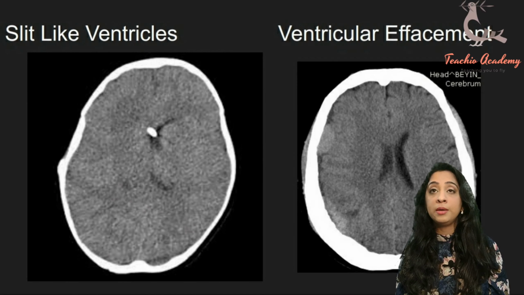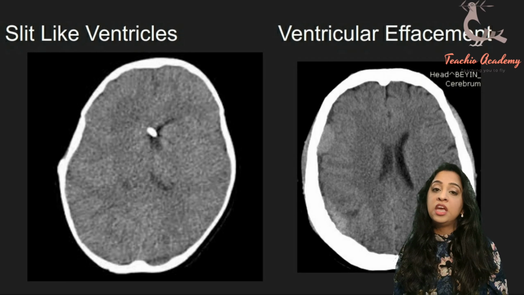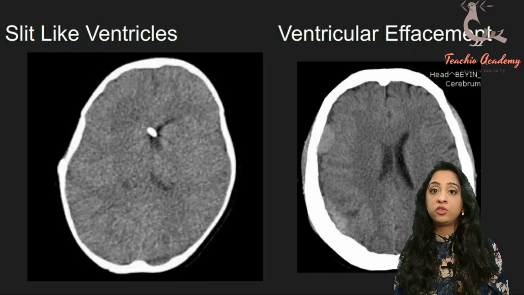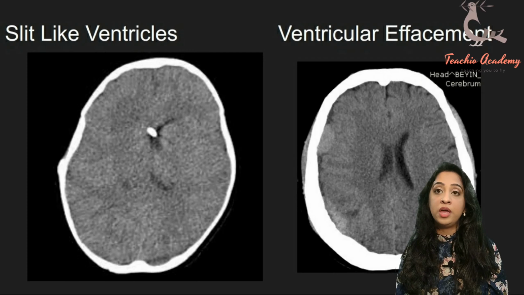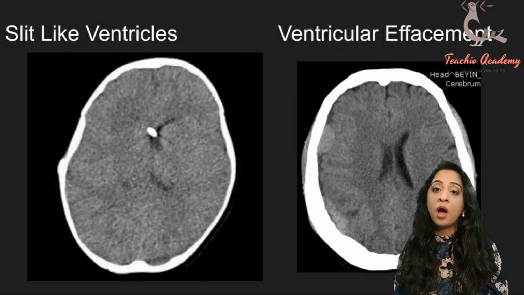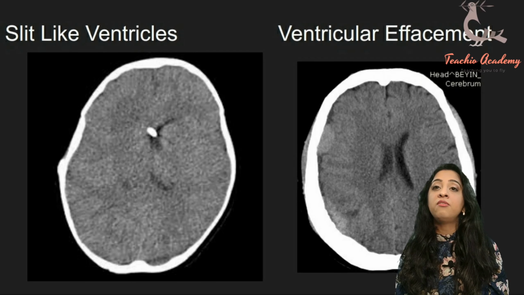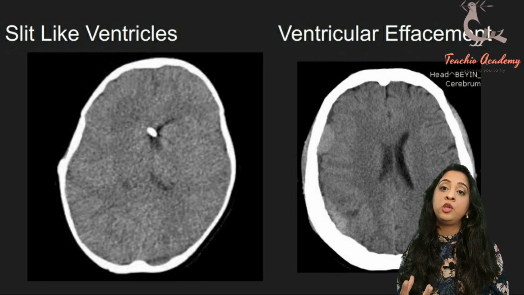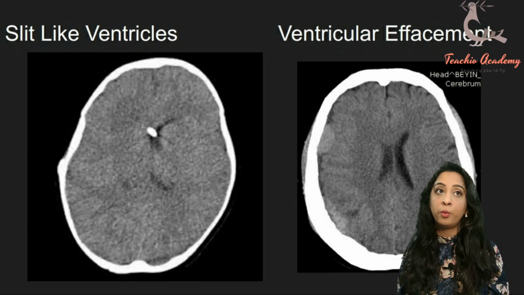Now these 2 images are your slit-like ventricles and the ventricular effacement. Remember, we talked about how the ventricles are the bathtub or the drainage system of the brain. Any blockage in these ventricles can either lead to them becoming very large, or sometimes one part can get blocked, or the brain can get very inflamed, or the brain can become very large, and as per the Monro-Kelly doctrine, then you're going to lose out on your ventricles.